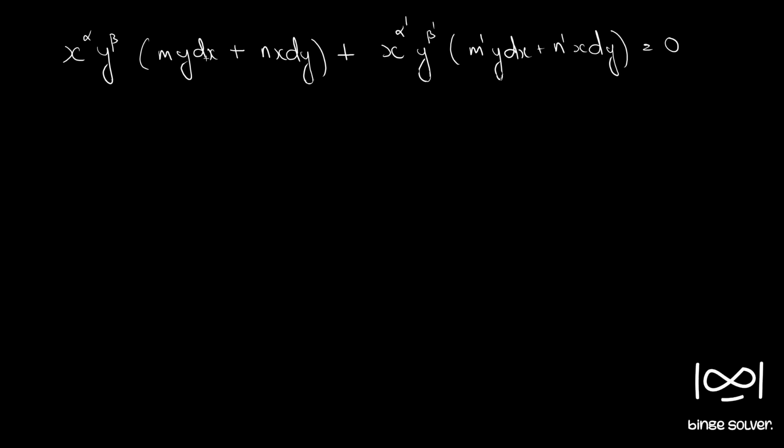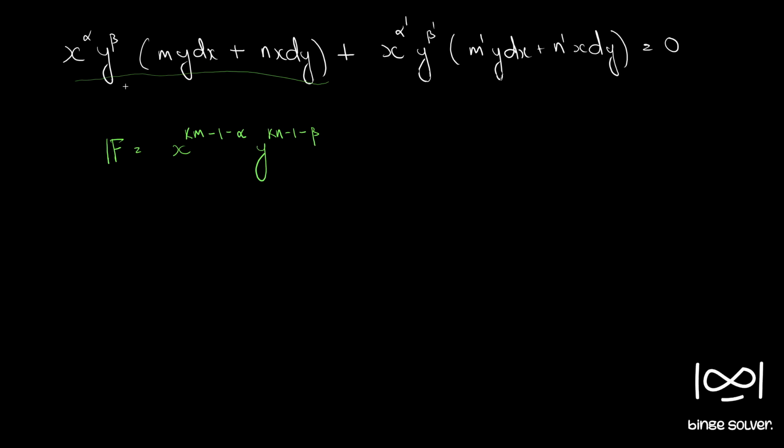So if the given differential equation is of this form, we know that the integrating factor for the first part can be found by using rule 6, which is x raised to km minus 1 minus alpha into y raised to kn minus 1 minus beta.